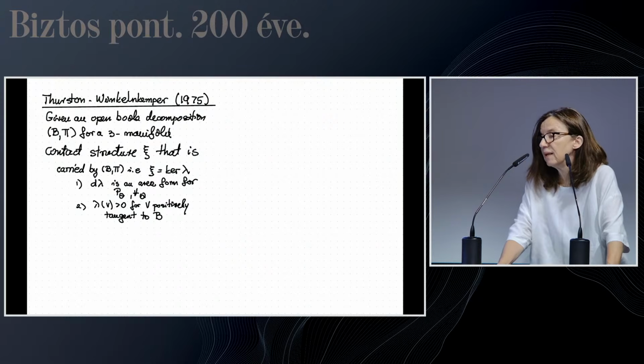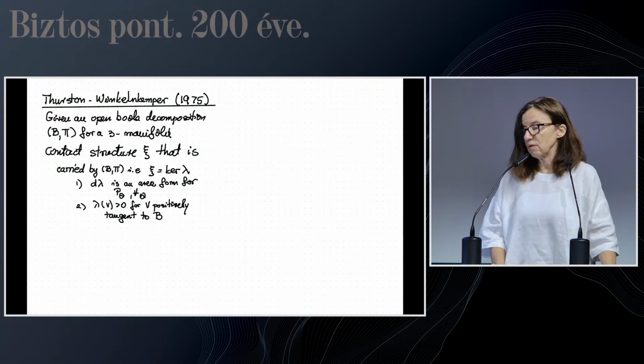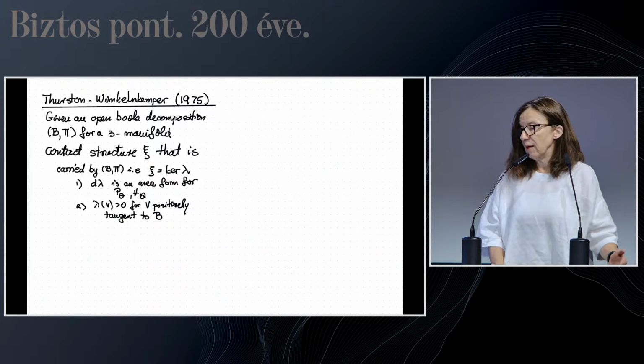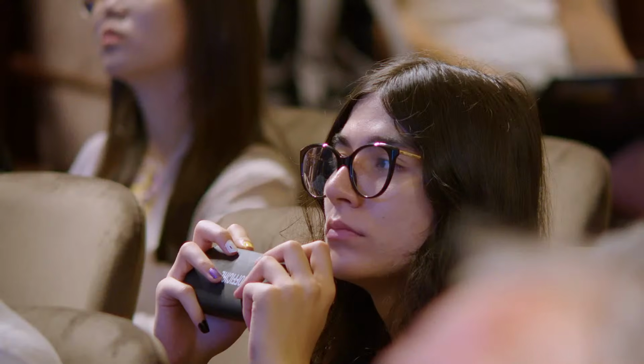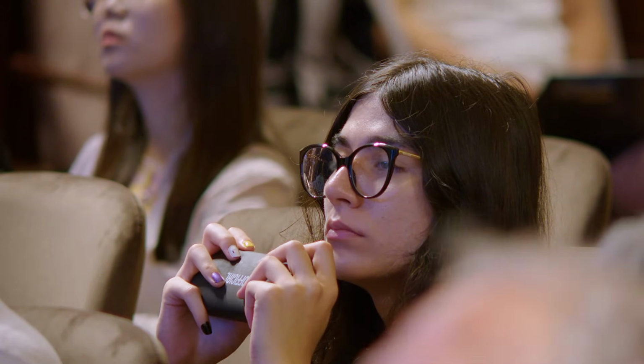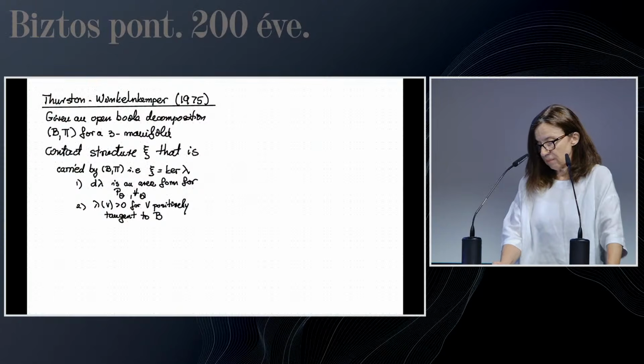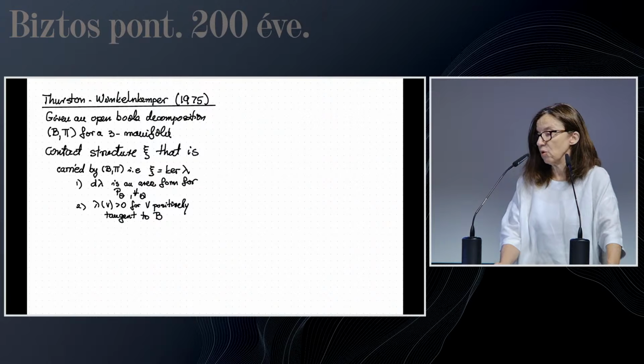So in 1975, Thurston and Winkelnkemper, given an open book decomposition for a three-manifold, which, by the way, exists for any three-manifold, constructed a contact structure xi that we call carried by this open book.